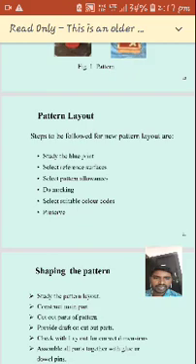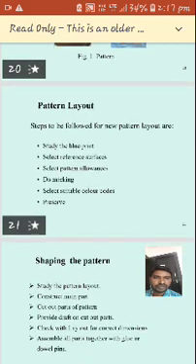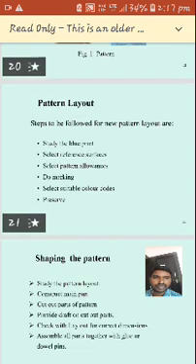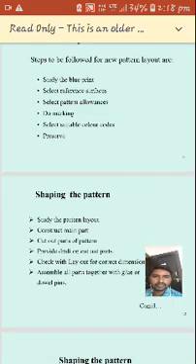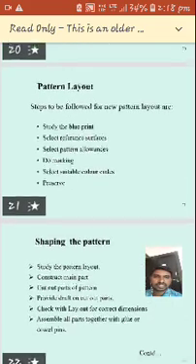What does pattern layout mean? The steps to be followed for a new pattern layout are: study the blueprint, select the reference surfaces, select the pattern allowances and do marking, select the suitable color codes, and preserve it. That is the pattern layout.